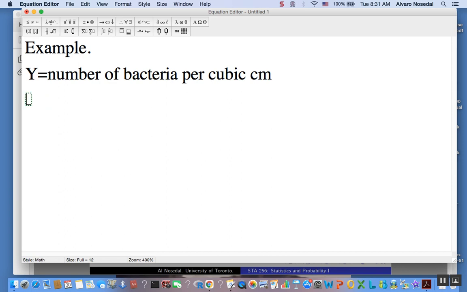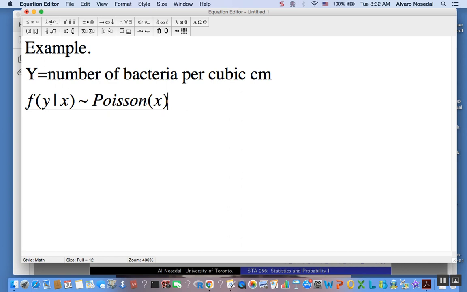Let's use our notation of conditional probability mass function in this case, because it's discrete. So the probability of y given x will be a Poisson with parameter x.